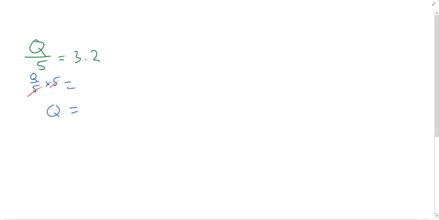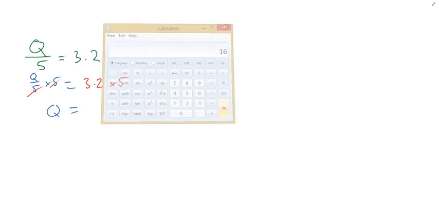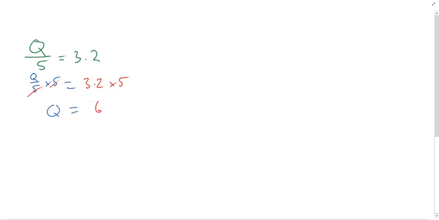And if I times this side by 5, I have to do the same to the other: 3.2 times 5. Well, 3 5s are 15, and it should be equal to 16. Let me have a look. 3.2 times 5 gives me 16.